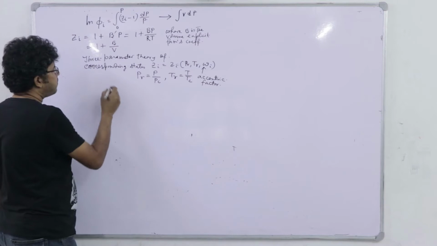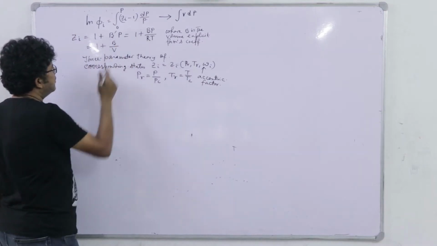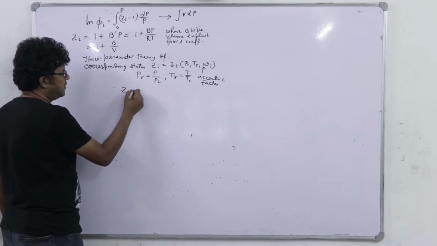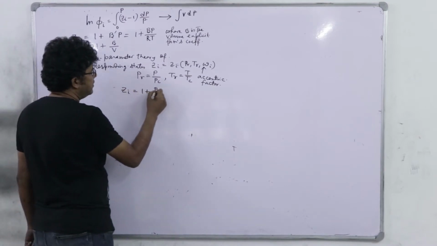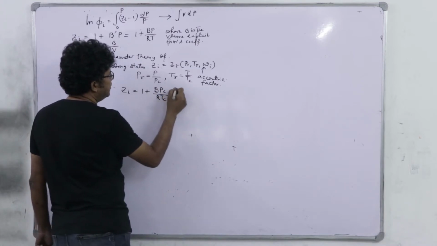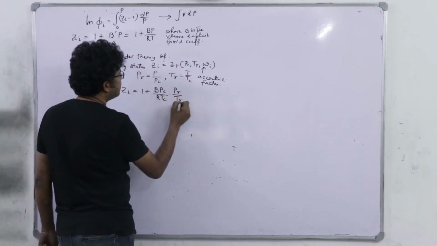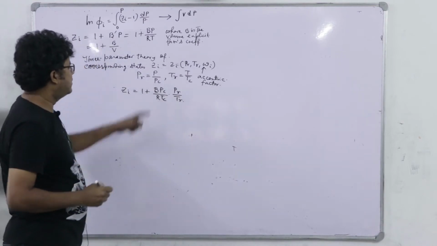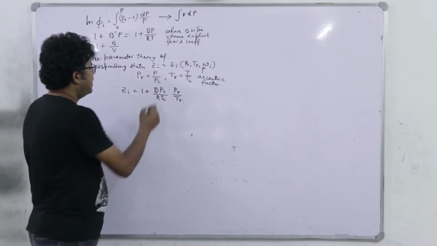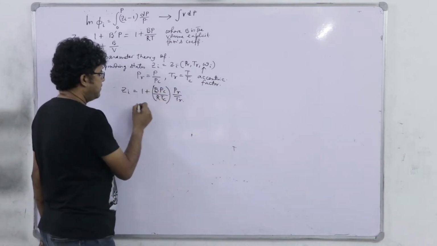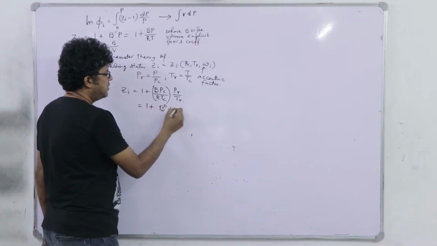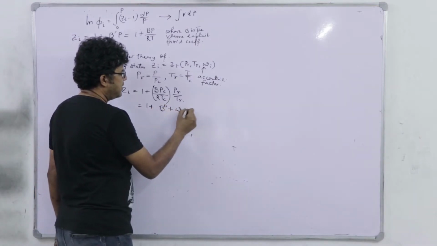So, in order to corroborate with this three parameter theory of corresponding states, we write this as BPC by RTC into PR by TR, and we write this BPC by RTC as B0 plus omega i B1.